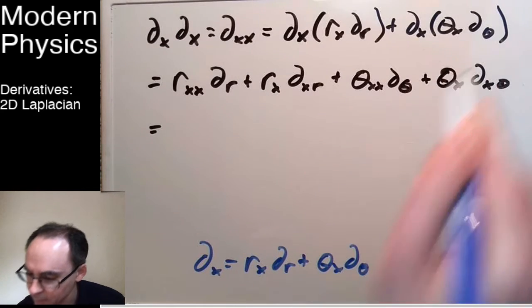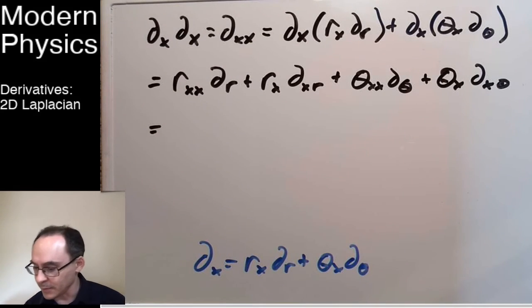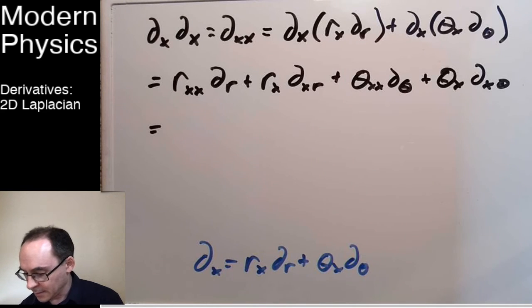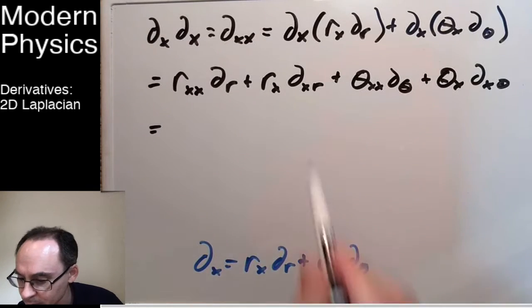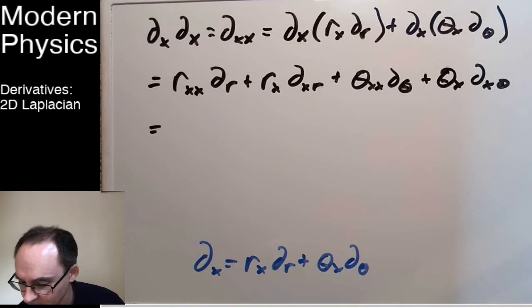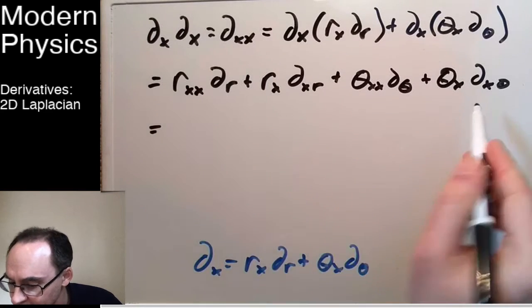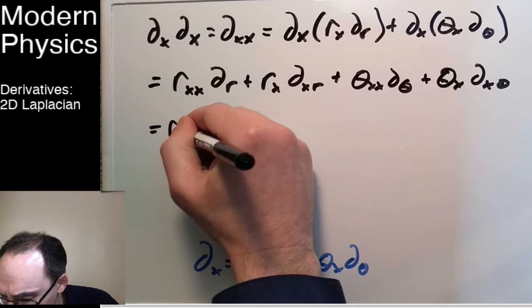It's actually what we went into there in the first place, what we took the derivative of. This is what we called the chain rule just a moment ago. So I'm going to use that to expand out the derivatives with respect to x there. I'm going to leave this one as it is.